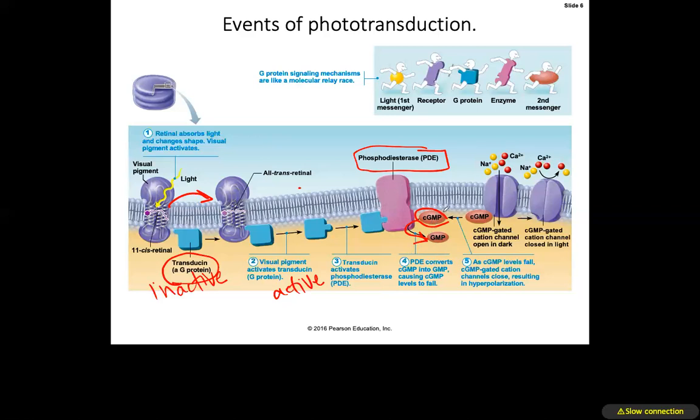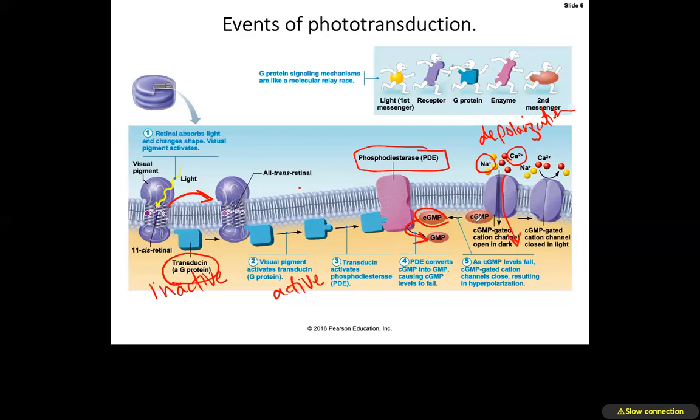Why is that important? When cGMP is on its own and it's active, it hasn't been broken down yet. cGMP is interacting with a protein channel that allows the sodium and calcium to come in. Now, when sodium and calcium are coming in, that causes the depolarization, which should make sense to everybody because we know that when the positive charges are coming into the cell, that causes depolarization.